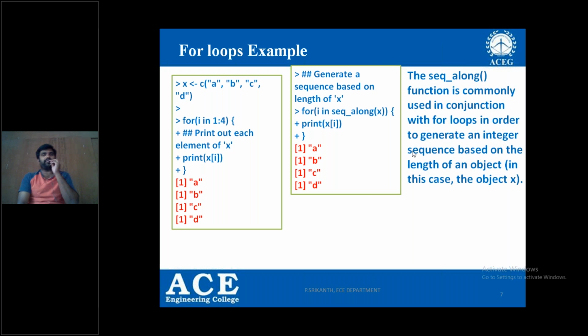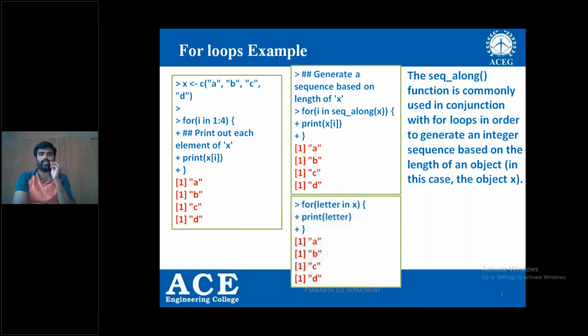The seq_along function is commonly used in conjunction with for loops in order to generate an integer sequence based on the length of an object, right? So basically the seq_along function is used whenever you are not aware of the length of any vector that you are supposed to use in the for loop. Another way to write the code: for letter in x, print letter.